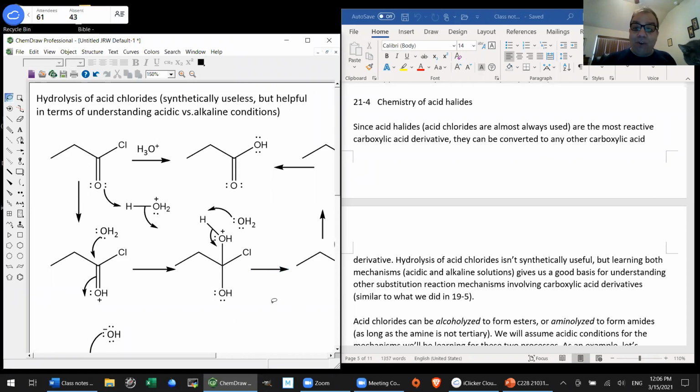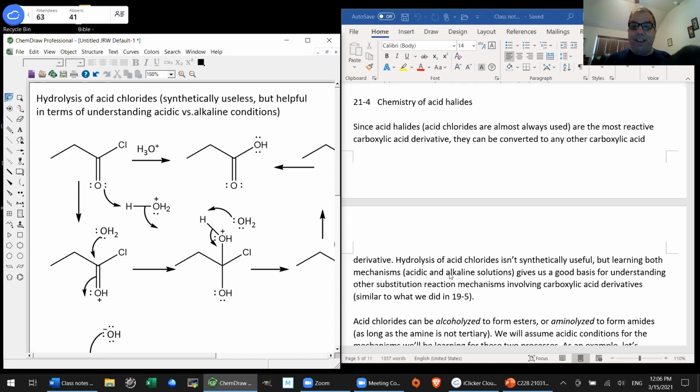Okay, so what I'd like to start with is in the same vein as what we did back in chapter 19, where we talked about hydration of aldehydes and ketones. And there we said, not only is this not a synthetically useful reaction, but it's the exact opposite of synthetically useful, right?